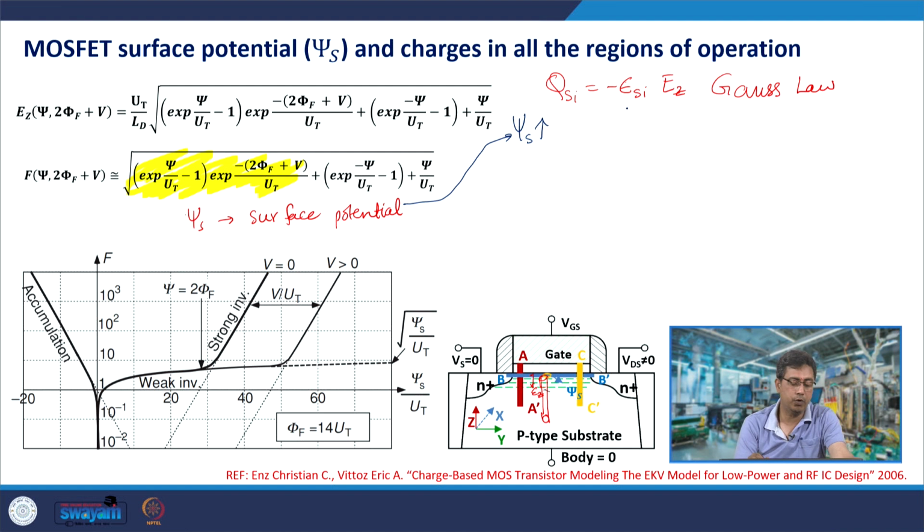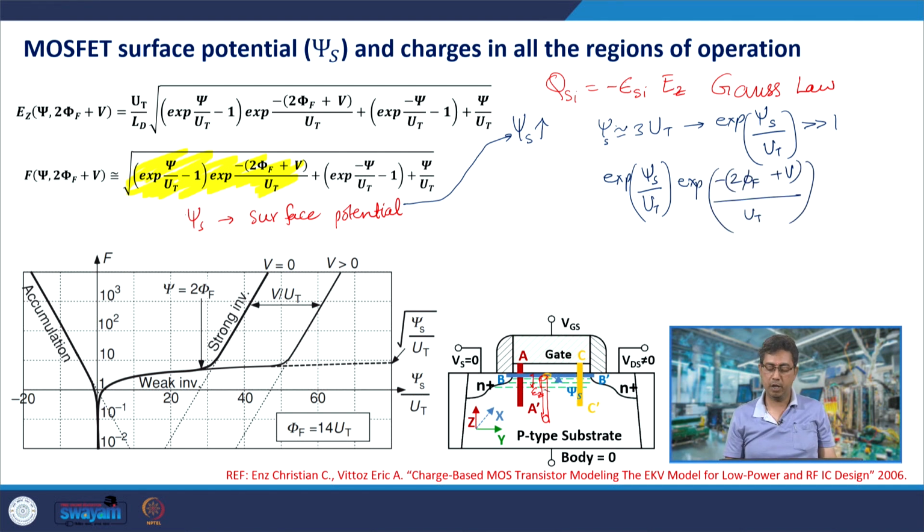As soon as chi s is larger than, say, 3 times ut, exponential of chi s by ut is much larger than 1. Now as you keep on increasing chi s, this first term gets close to unity.